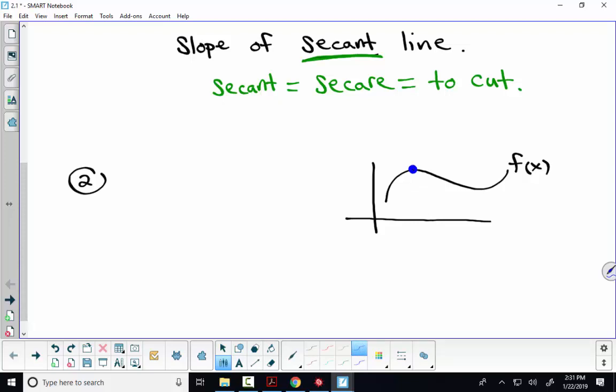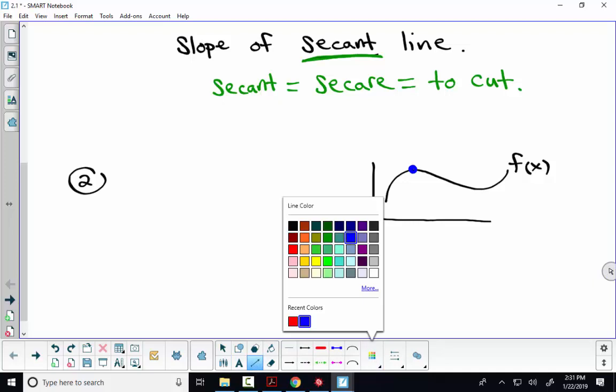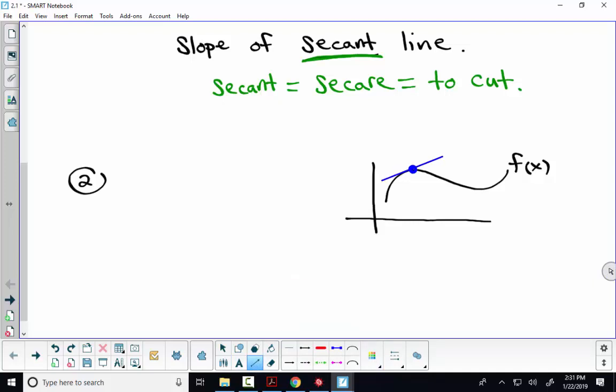So what's the slope of that line? How do we measure it? Given 1 point, how do you construct a slope? And this is going to refer us back to the instantaneous rate of change.